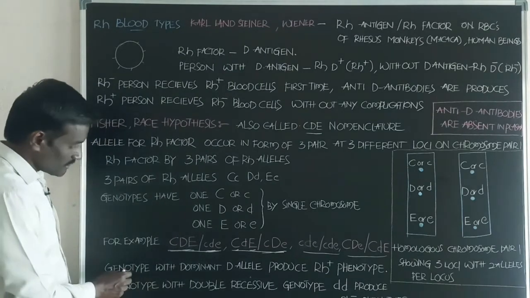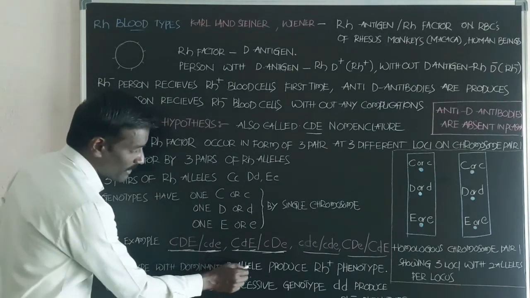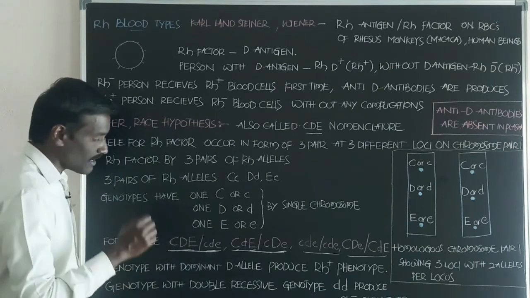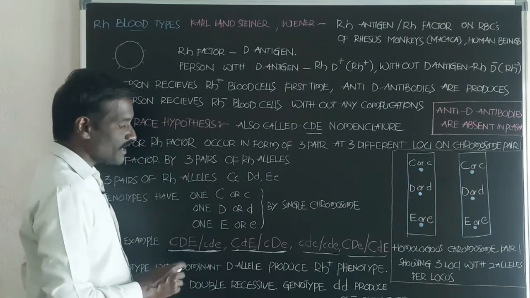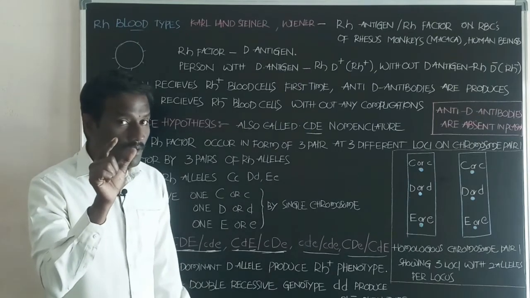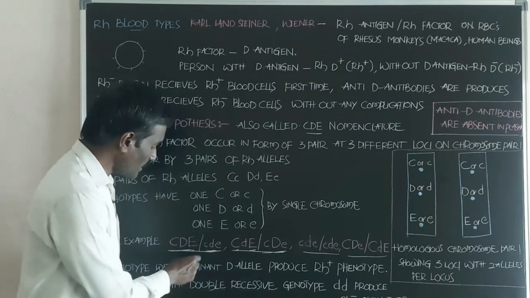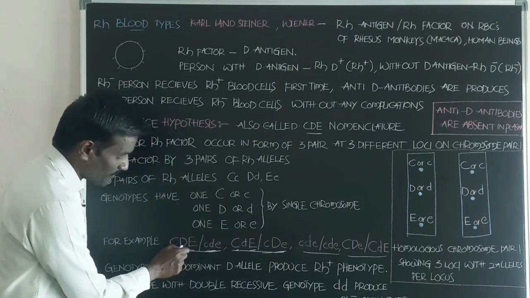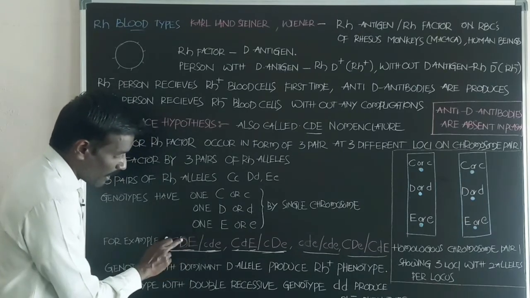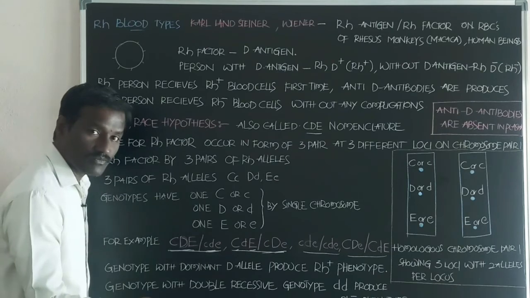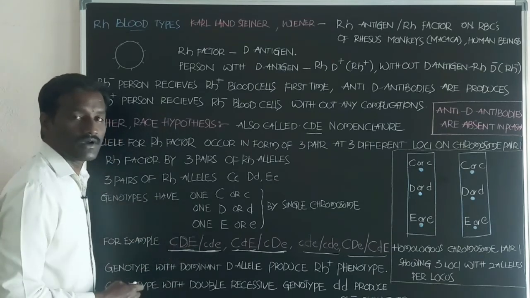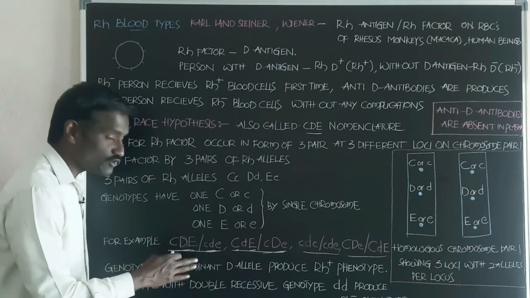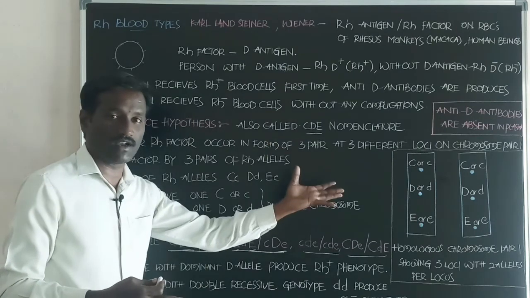Student, the genotype with the dominant D allele, that means any one of the dominant D alleles, the capital D, is received by the progeny from the parents.